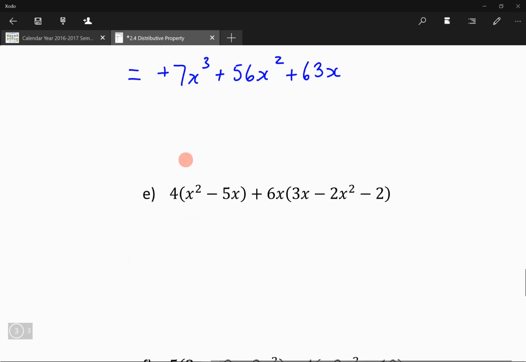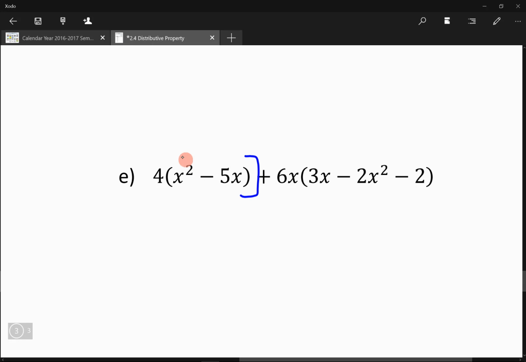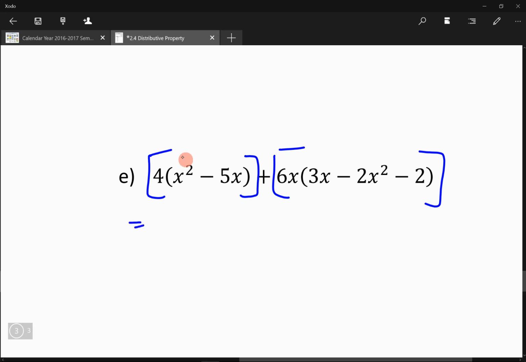Part E. Okay, so we now have a couple of distributive expanding parts. So we're going to do this part first. Then we're going to do this part next. Okay, so the first part, we have 4x squared. 4 times minus 5x is minus 20x. And that takes care of the first part.